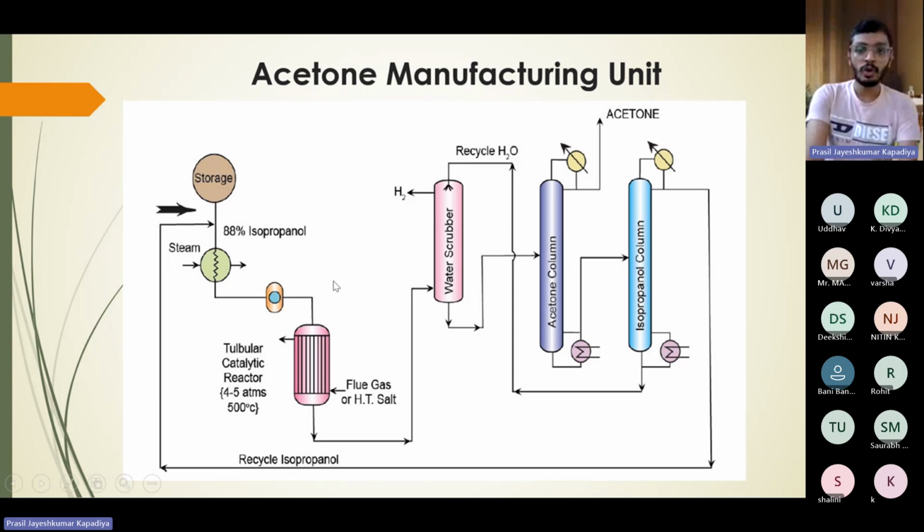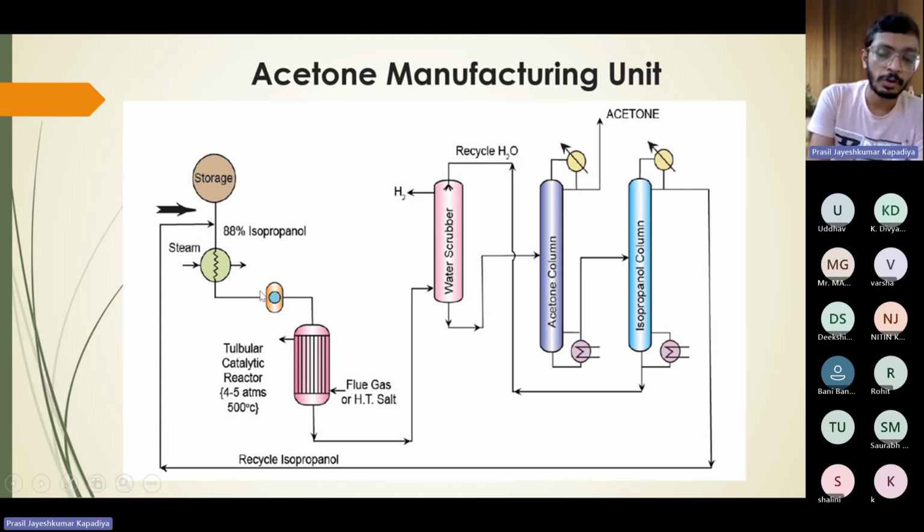So what does this process flow diagram say? From storage, isopropanol is sent, and what does this symbol mean? By steam, we are heating our isopropanol. The recycled isopropanol is also mixed in. So isopropanol is first heated in a heat exchanger.